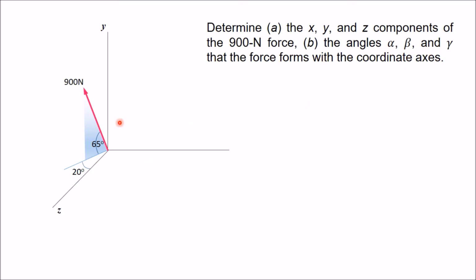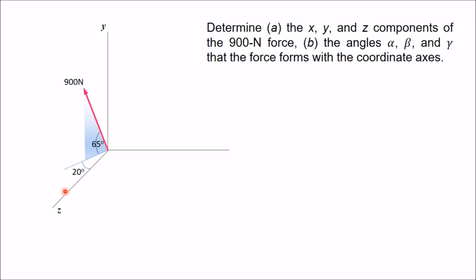The same way as I explained just now, you can resolve this 900 Newton into two components, the y component and one along this direction, and then you can resolve the force in this direction into two components along z and along x. You can see this x component is in the negative x direction, so you will get a negative value.